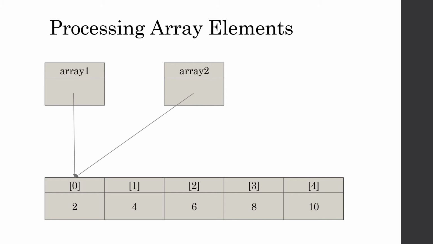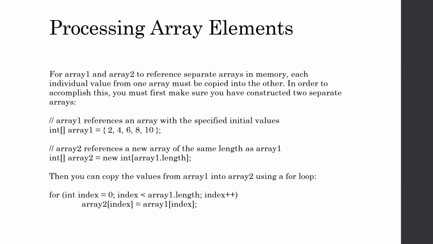So instead, what I want to do is come up with my own little formulation for it. So we're going to have a little algorithm that we have right here that allows us to copy the items from one array into another. So for array 1 and array 2 to reference separate arrays in memory, so for these two reference variables to reference their own separate arrays, each individual value from one array must be copied into the other.